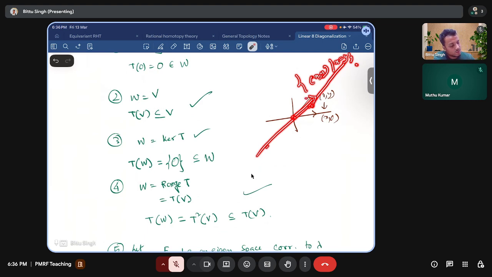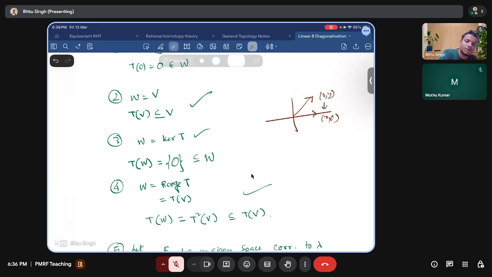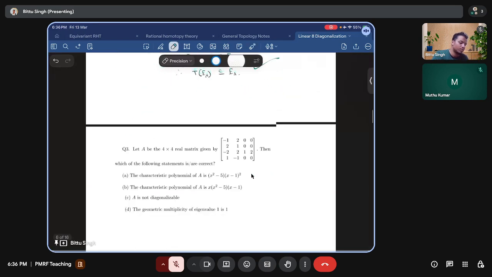This (x, x) will map to (x, 0). So the image of T, if we apply T on this subspace W, is not lying in W. So this subspace is not T invariant. Okay, so those are some examples.